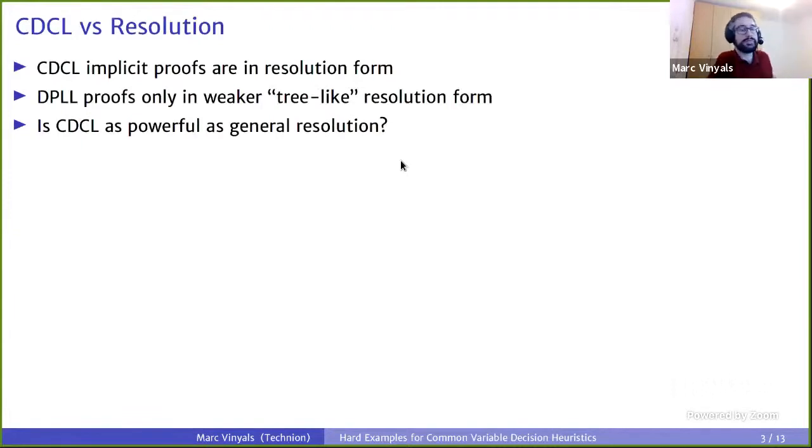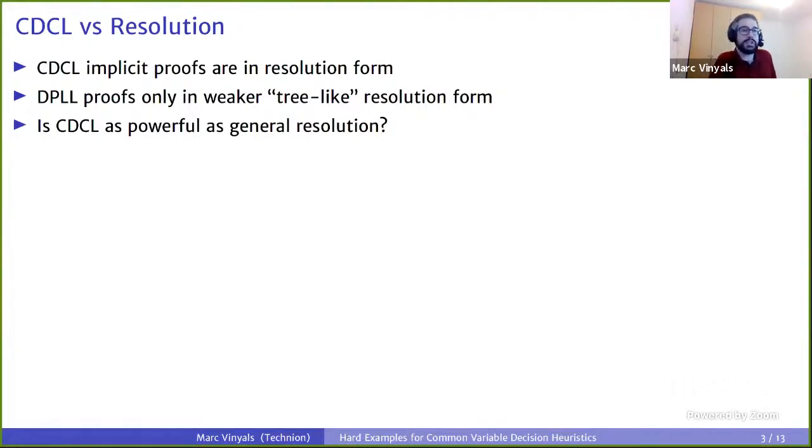While DPLL only produces proofs that look like a tree, so that would be tree-like resolution, CDCL produces a more general kind of proofs. And since we know that tree-like resolution is weaker than resolution, this is a great reason for why CDCL should work better than DPLL.